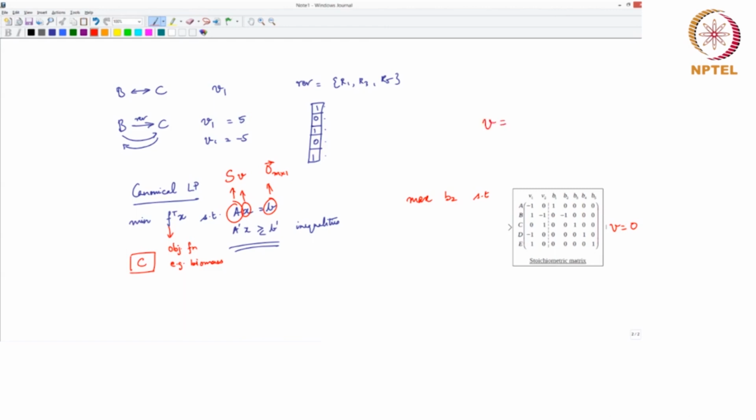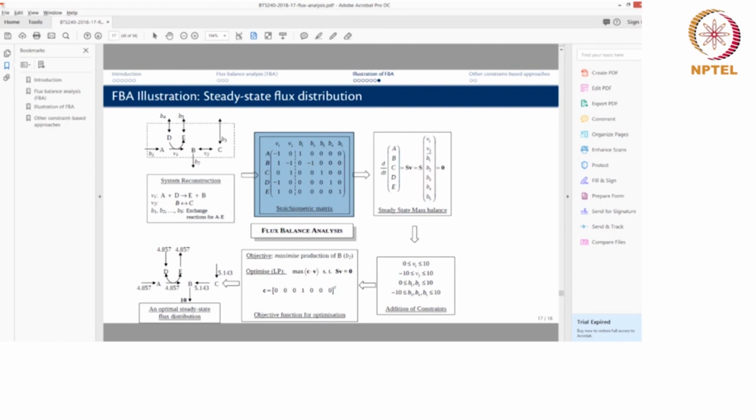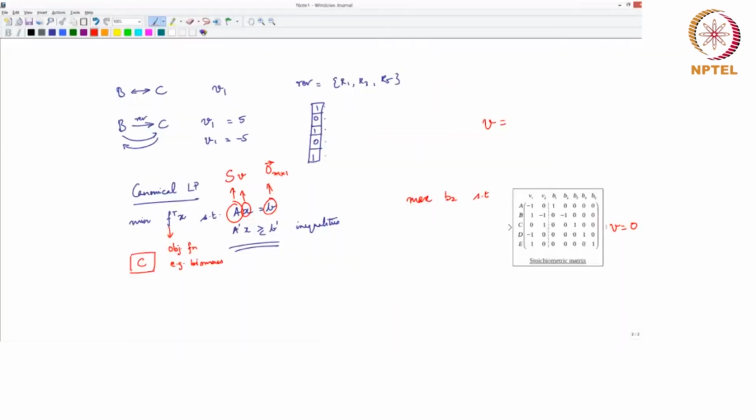V is nothing but this. So now this is your LP problem, right, this is your LP objective function.